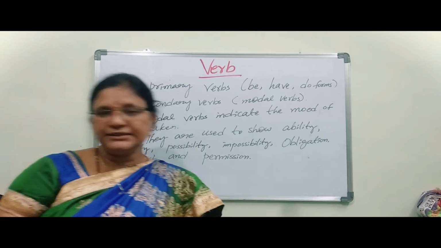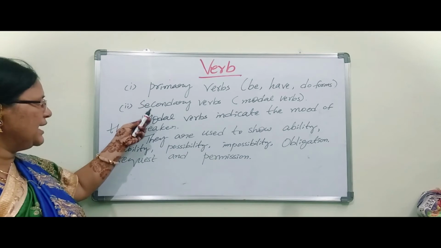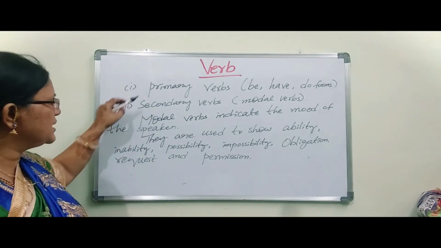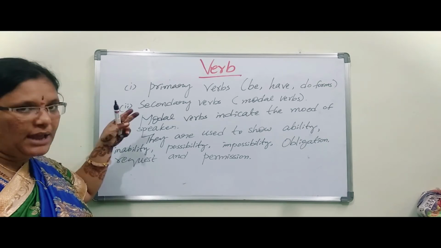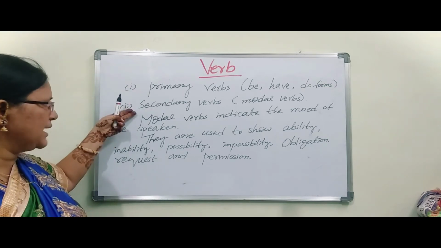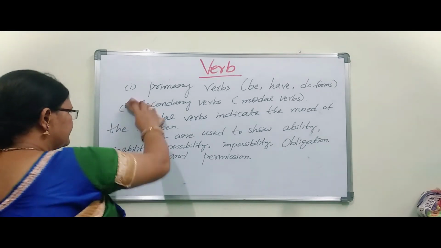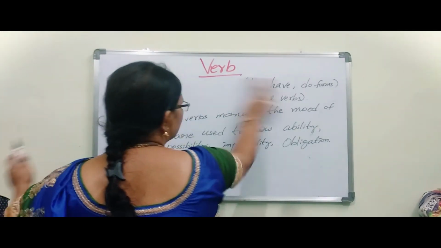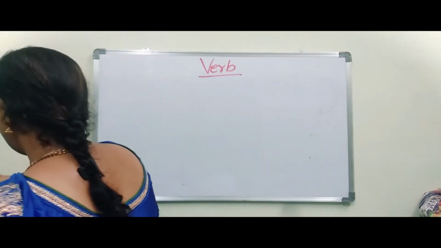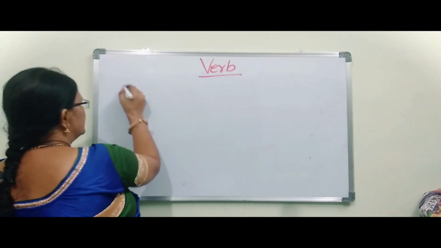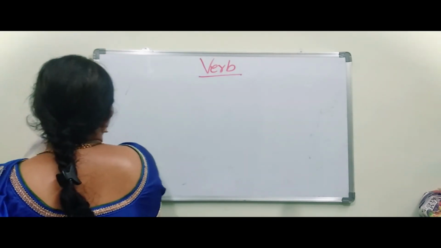Okay. Next, auxiliary verbs are of two types, primary and secondary. Totally, how many auxiliary verbs are there?